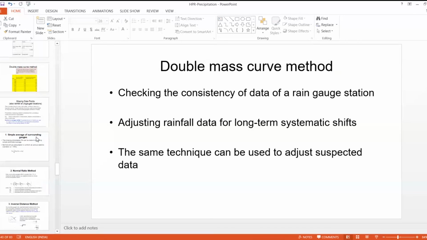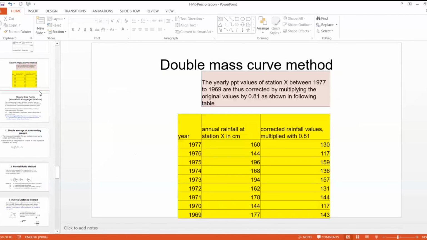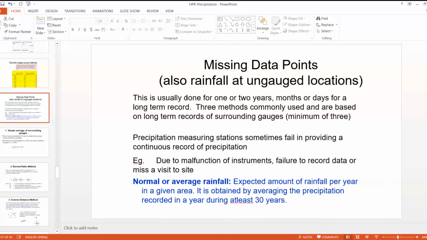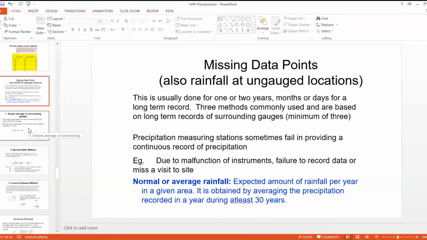Then we have also discussed missing rainfall data. For that we use either the arithmetic average method, the normal ratio method, or the inverse distance method.